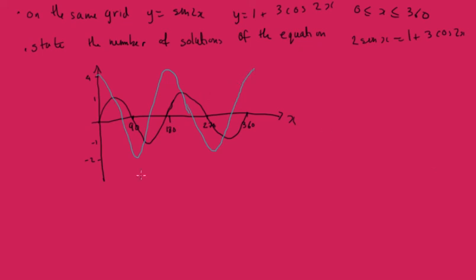So these are crossing here, here, here, and here. So there's 1, 2, 3, 4. There's going to be 4 solutions to the equation. So I hope that helps.